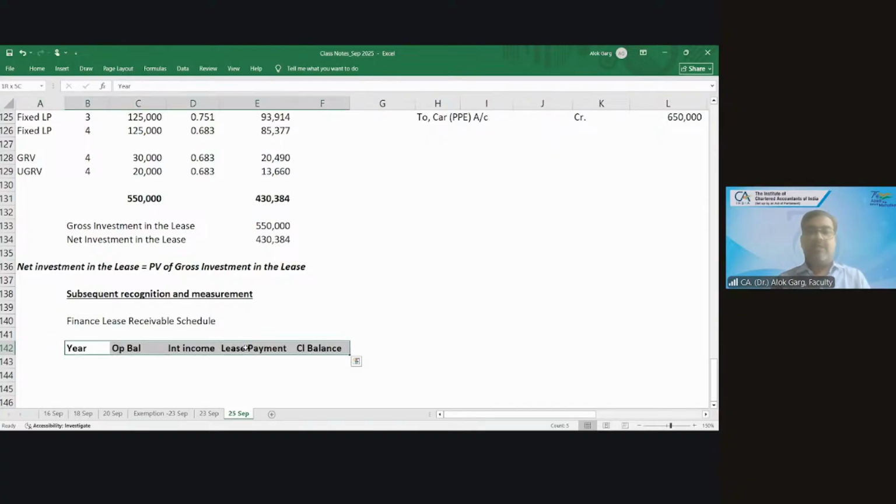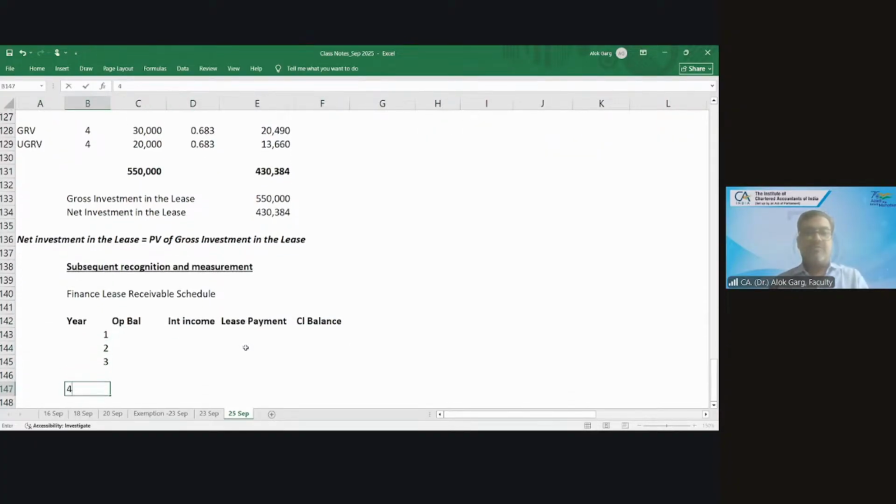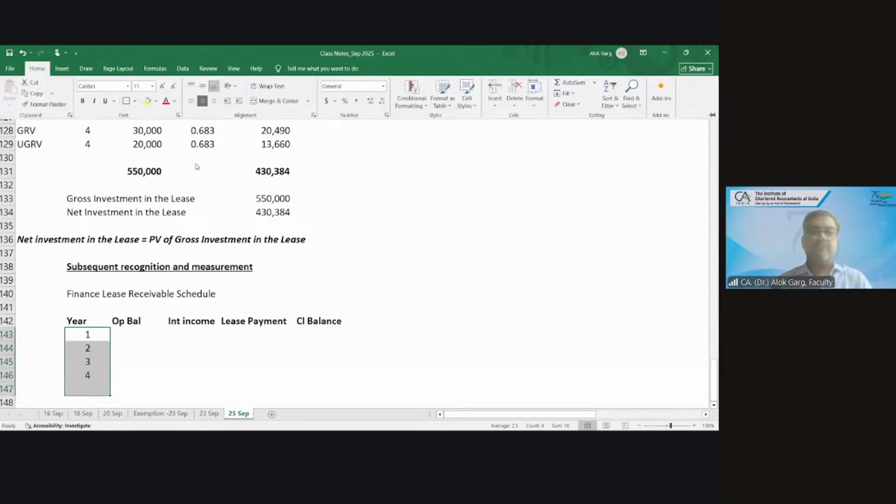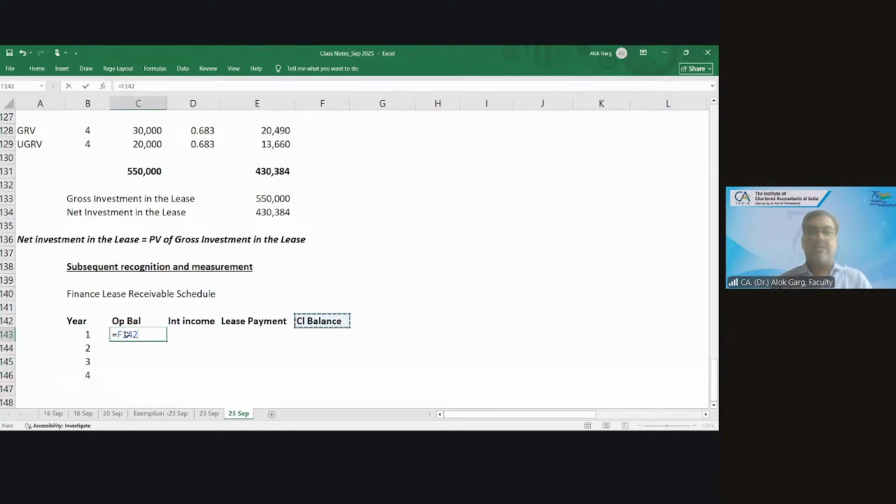How many years? 1, 2, 3, 4. What is the opening balance of the finance lease receivable? 4,30,384. What is the interest income at the rate of 10%?